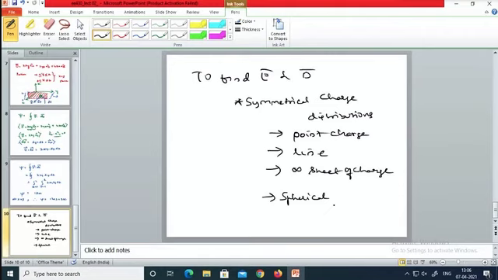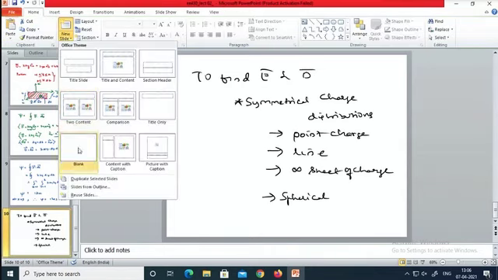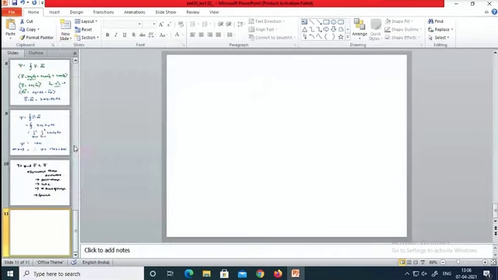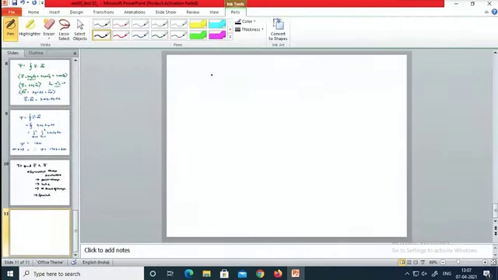Okay? So first, you will have to prove. This is part of some derivations. I will not go into detail. You can refer to it.